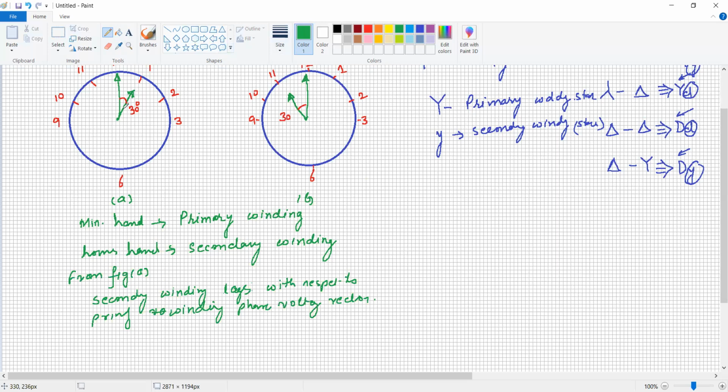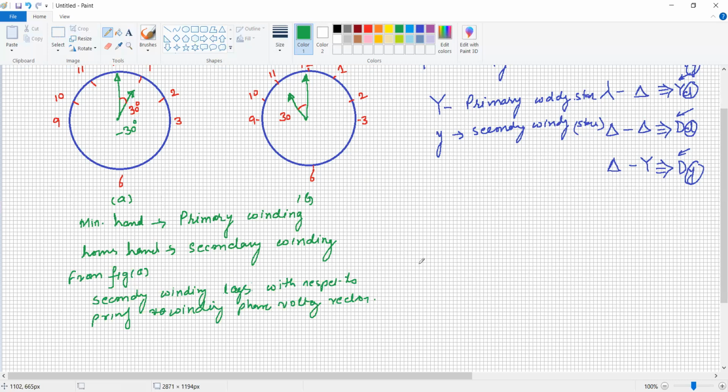So our hour hand is lagging with respect to the minute hand. So we represent as minus 30 degree. Okay, minus 30 degree, isn't it?